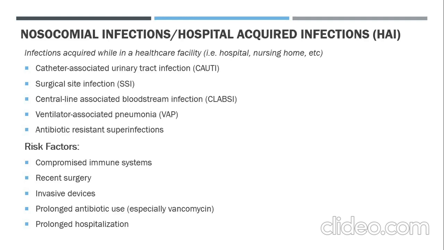If that UTI ends up making her septic and she ends up in the ICU and her hospital bill is like $30,000-$40,000, ain't nobody getting paid. Nobody is getting paid. The hospital is paying for her stay.